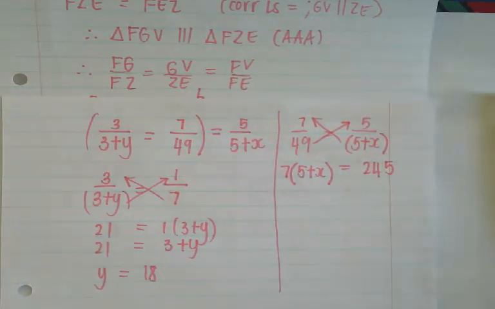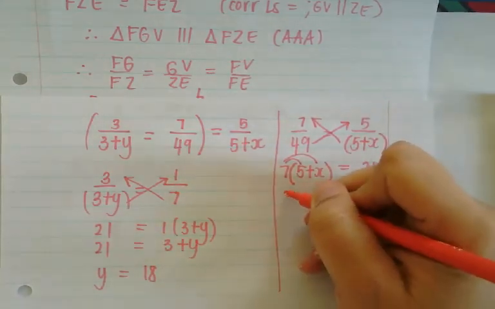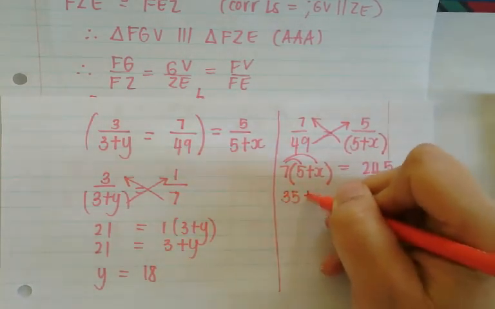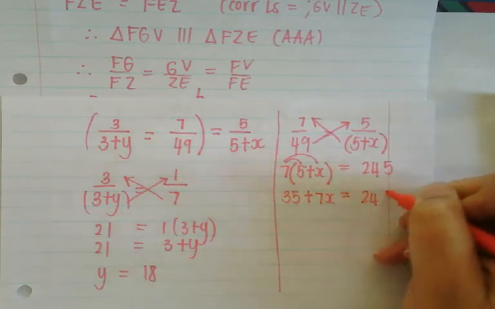I'll be with you now, Hannah. Multiplying into the bracket, 7 times 5 is 35, 7 times x is 7x, is equal to 245.